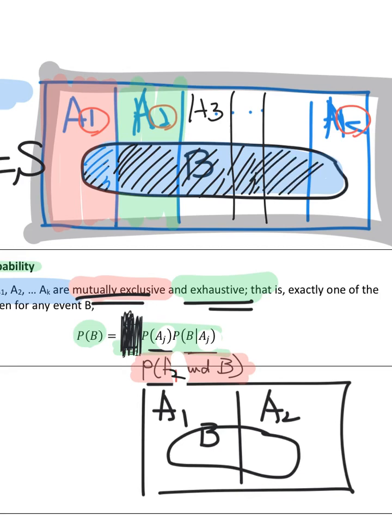So now we take the summation of all probabilities: A1 and B, A2 and B, A3 and B, all the way to A_K and B. Sum up all probabilities. It will be just the middle parts. Who will be?